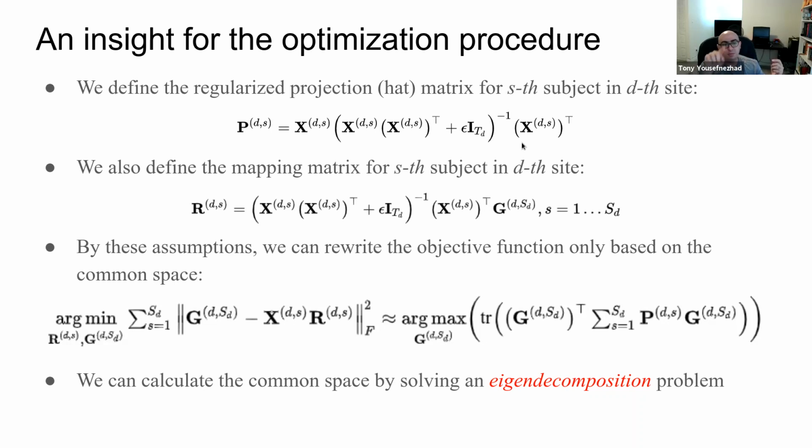It's U sigma V transpose in the SVD decomposition, and we end up with something diagonal. Calculating the inverse of a diagonal matrix is way easier than for a full rectangular matrix, because most of the time our voxel number is way bigger than the number of time points.